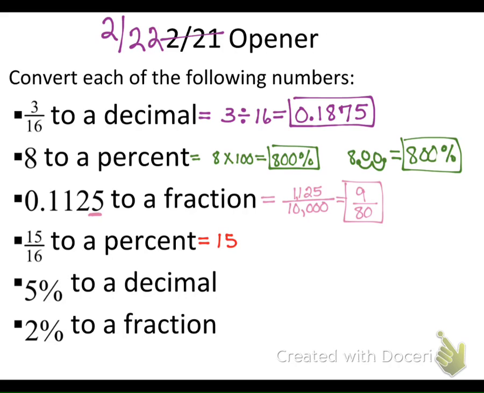So I'm going to take 15 divided by 16, then I change that decimal to a percent. And how do I change a decimal to a percent? Good. So how I'm going to show my work, I'm just going to show 15 divided by 16 times 100. And when you do that, Brendan, what do you end up with?